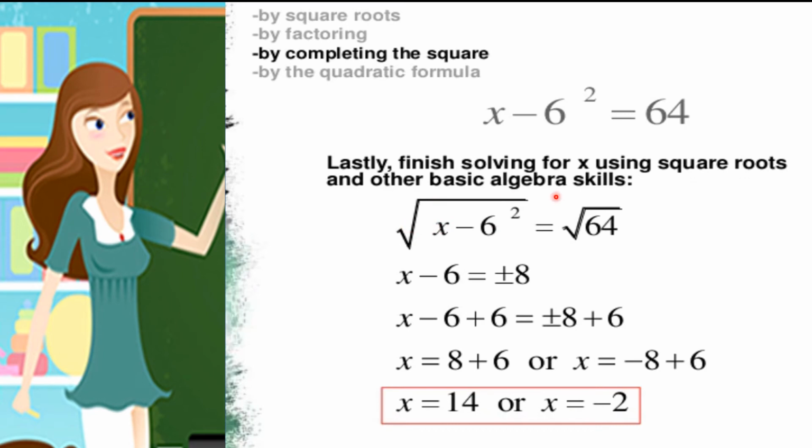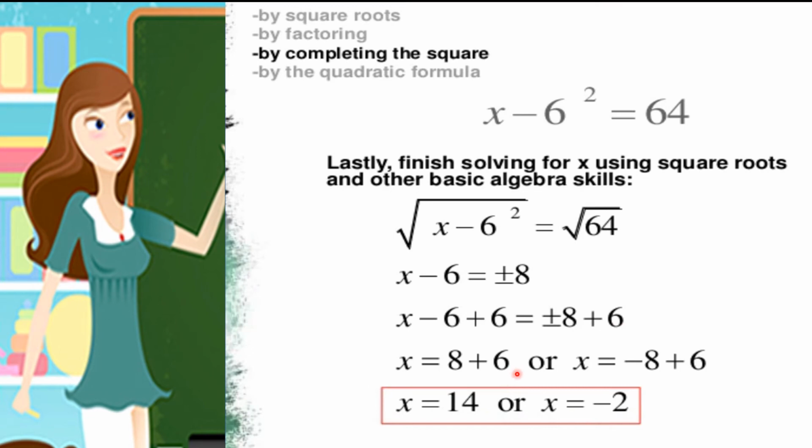So, square root of x minus 6 quantity squared is equal to square root of 64. So, we have x minus 6 is equal to positive, negative 8 because ang square root of 64 is positive, negative 8. So, x minus 6 plus 6 is equal to plus minus 8 plus 6.